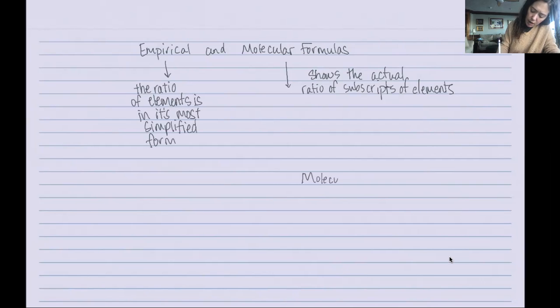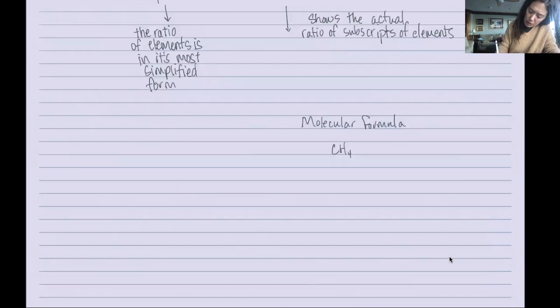Let's say that I have some actual formulas, right? CH4, C2H6, maybe I have C6H3O6. That doesn't make any sense at all.